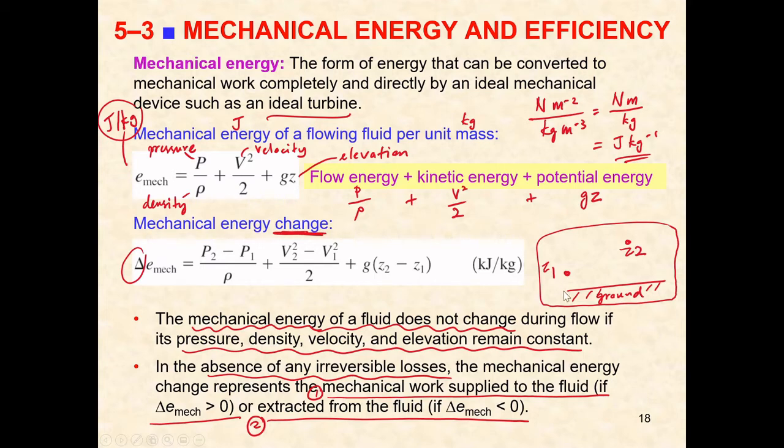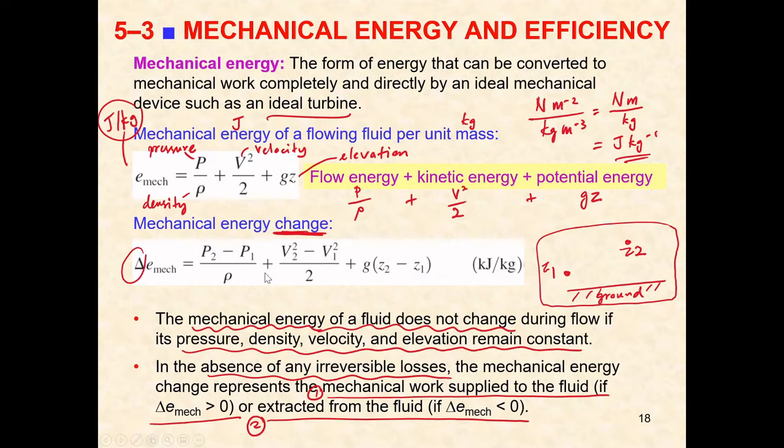So if you have 2 points, point 1 and point 2, let's say you have a ground level, point 1 is at the lower ground and point 2 at the higher elevation. So you take a difference of energy at these 2 points, you will get a difference of pressure from point 2 to point 1, velocity from point 2 to point 1, and the elevation from Z1 to Z2.